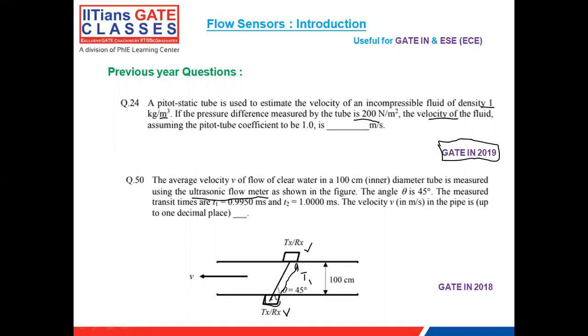Initially, if this is A, it transmits a signal to the receiver, which receives it, and again acts as a transmitter and sends the same signal to point B. So there are two points, A and B. You send a signal from A to B and again from B to A, so definitely there will be a transit time difference. Based on that transit time difference, you can calibrate it in terms of flow rate or velocity. This is one category of question from ultrasonic flow meter.